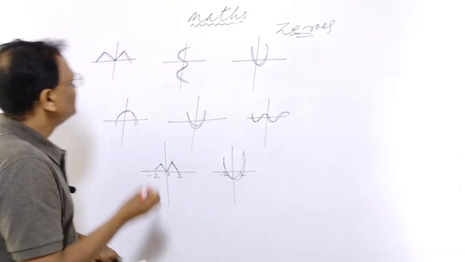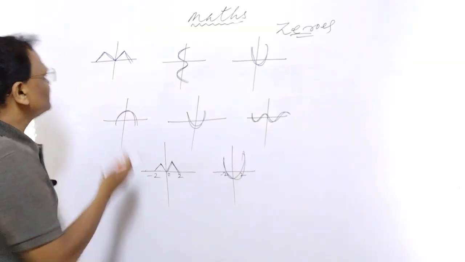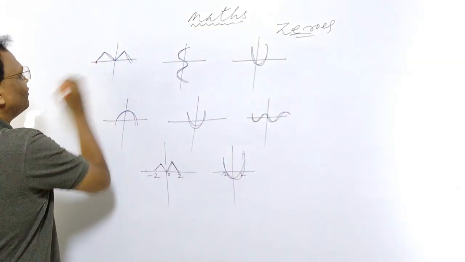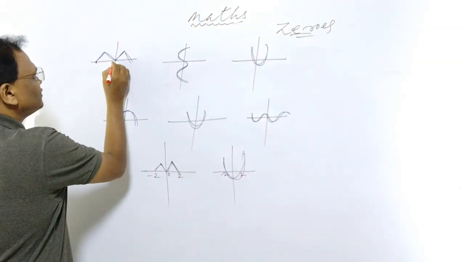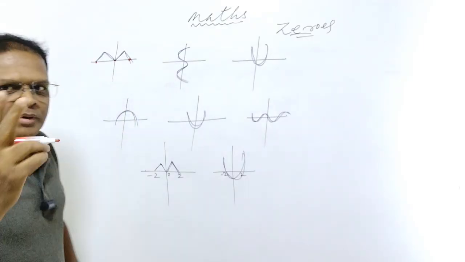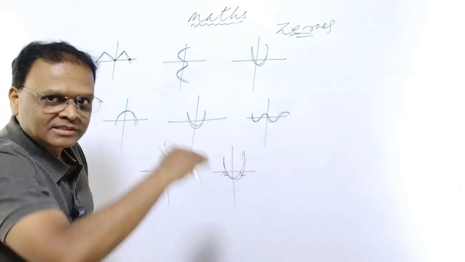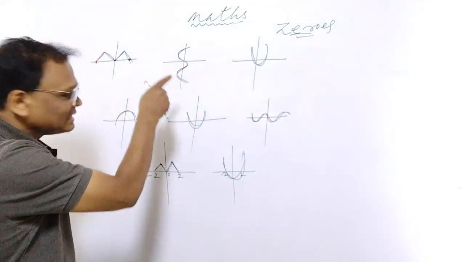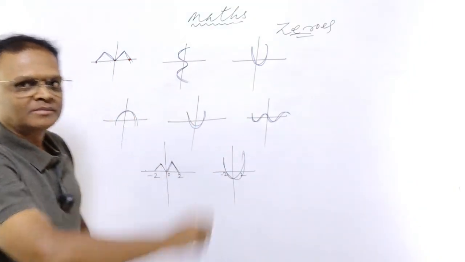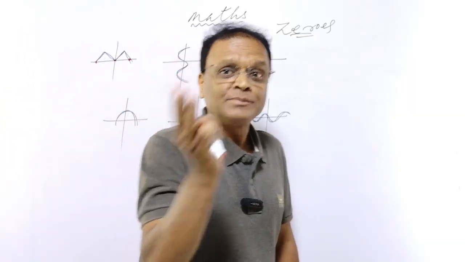I think this graph is touching your x-axis at this point: 1, 2, 3. How many points? 3 points. This graph touches the x-axis at 3 points. It touches the x-axis 3 times, so it touches the x-axis at 3 distinct points.